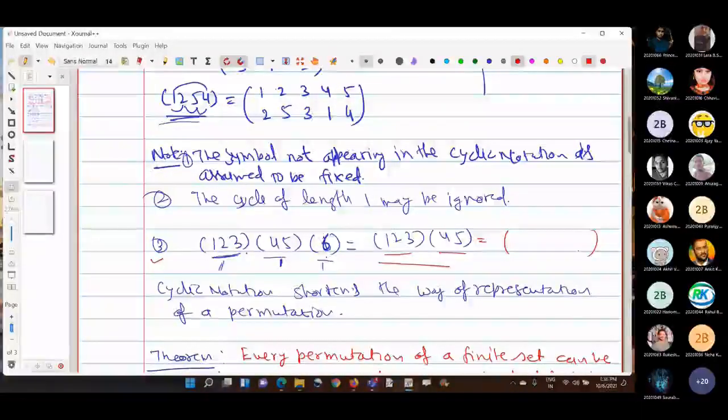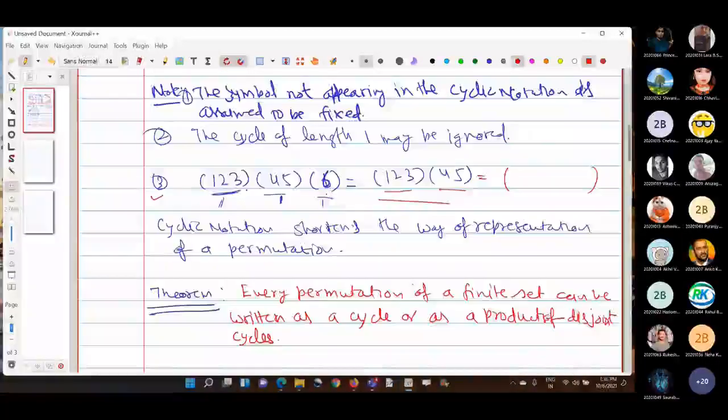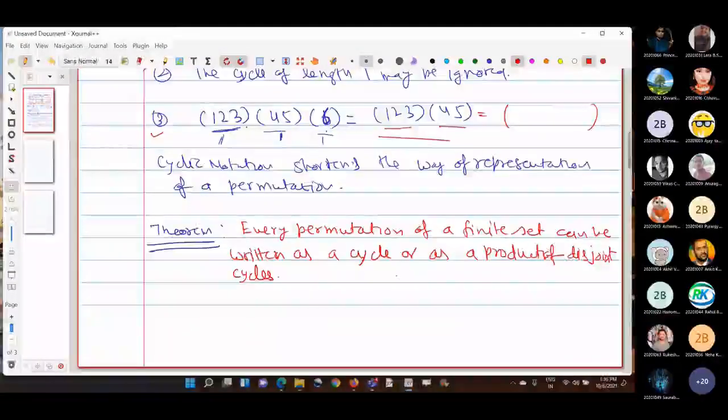Fine. So every permutation is either a cycle or a product of disjoint cycles. By disjoint cycles we mean that there is no symbol common in the product of disjoint cycles.